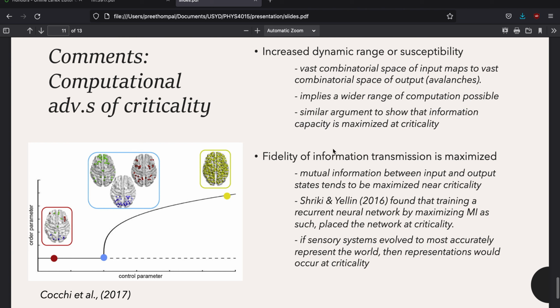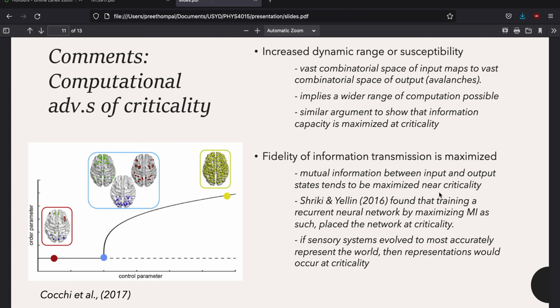Furthermore, we also have observed experimentally and theoretically that the fidelity of information transmission is maximized at criticality. So you can measure the mutual information between input and then output states, and that mutual information tends to be maximized near criticality.